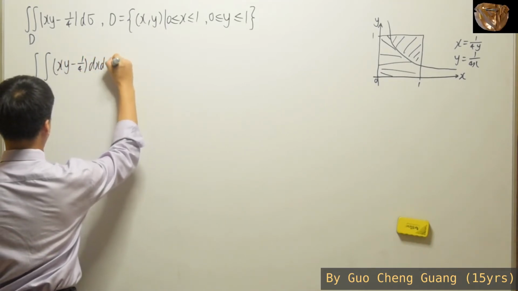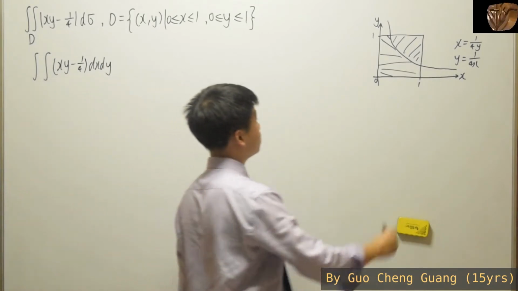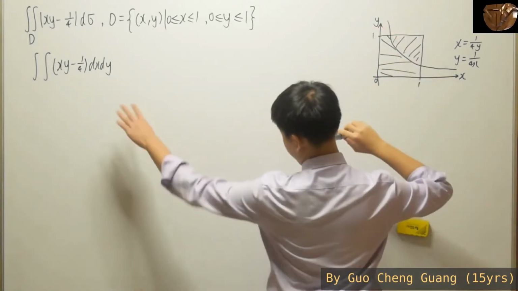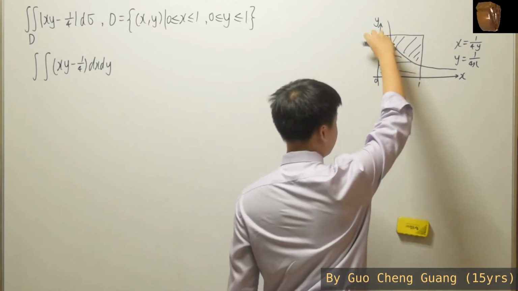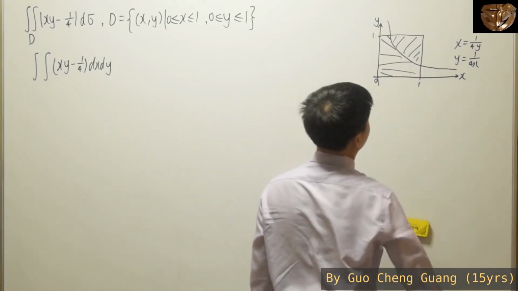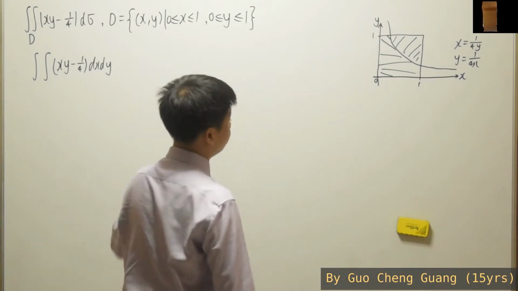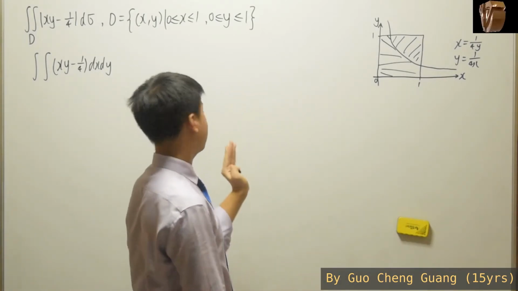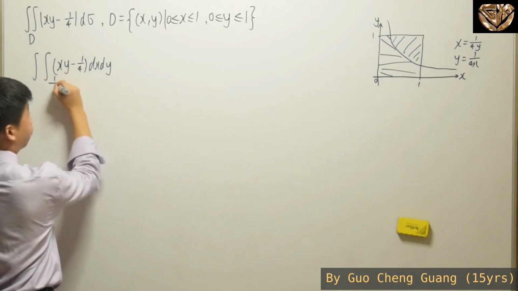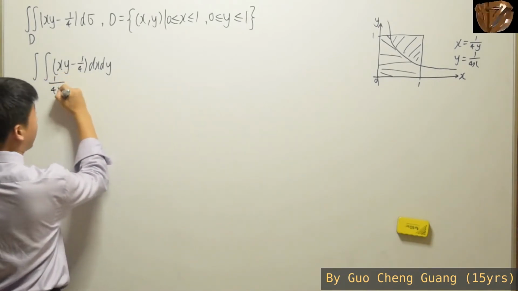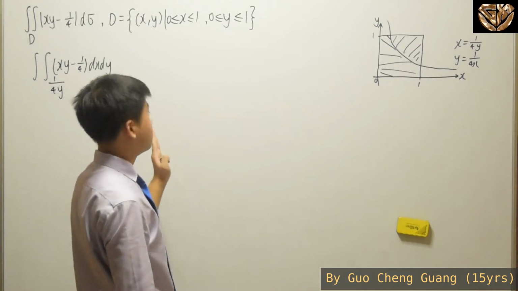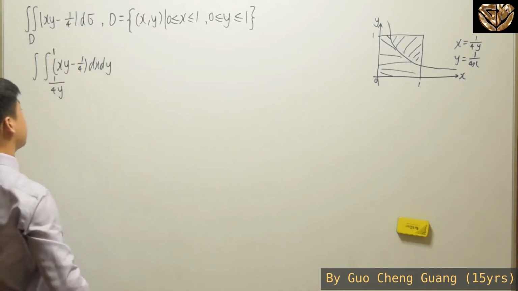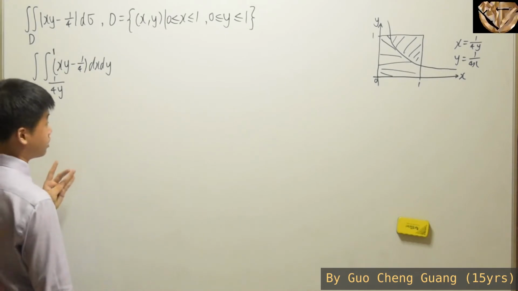And let's say we have dx dy. So dx, we take a look at the positive part, so that's why you have a positive there. We will be having, so from the curve to your straight line, and this curve is 1 over 4y, to x is equal to 1. Alright, so that is your boundary for x.